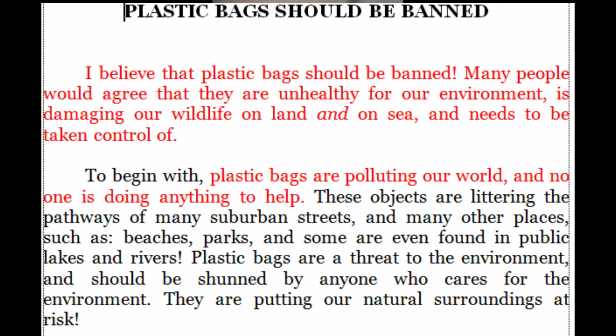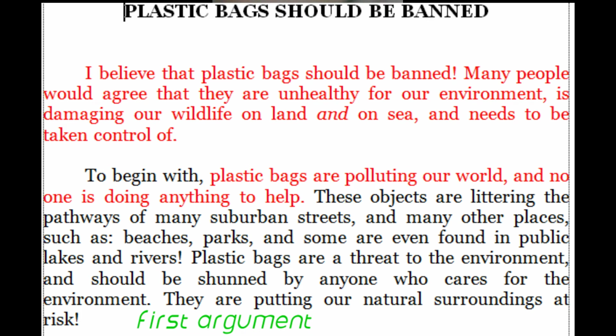Let's see the first argument and read the red sentences. Plastic bags are polluting our world and no one is doing anything to help. This is the first argument why we should stop using plastic bags. So the writer tells us the first reason why we should stop using plastic bags: that is because plastic bags are polluting our world and no one is doing anything to help.